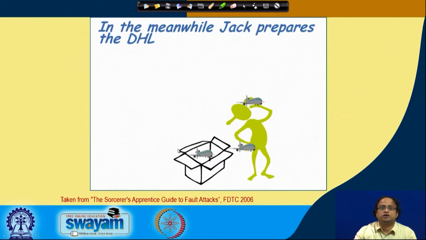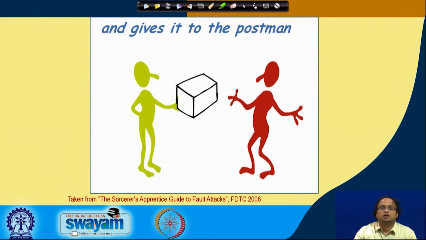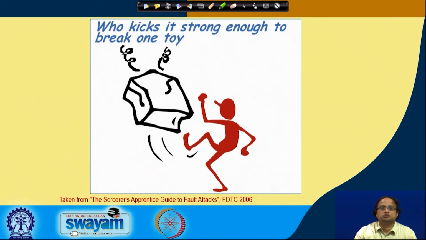Meanwhile Jack prepares the package to courier it to the customer Dino, and gives it to the postman. Now this postman is malicious and curious, so he applies a fault: he kicks it strong enough to break exactly one toy in the parcel.